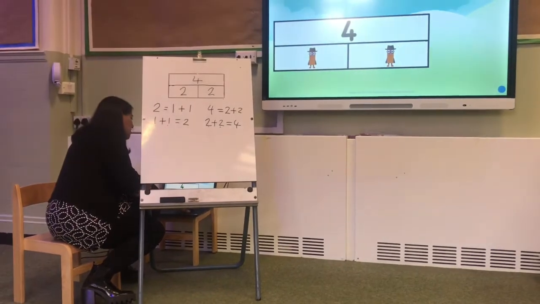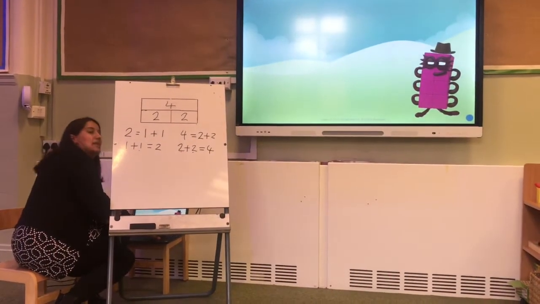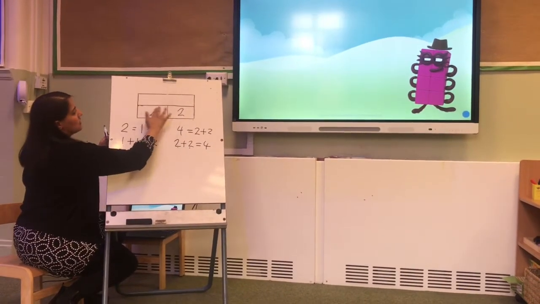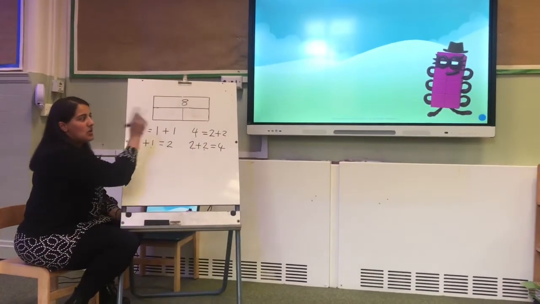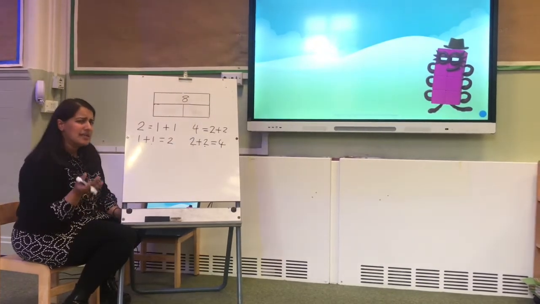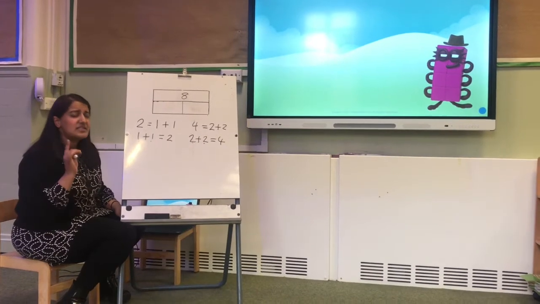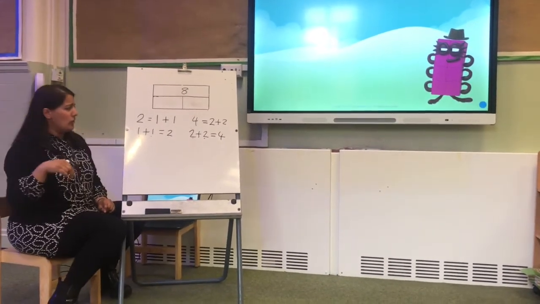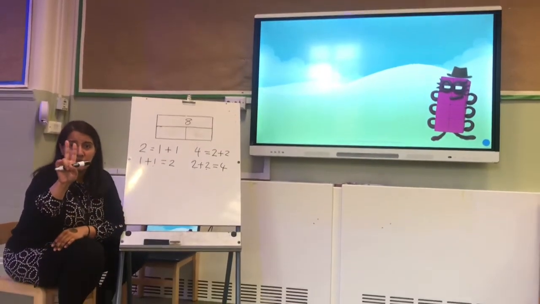Keep looking on the board. Let's have a look at this one. We start off, okay, looking at this number, 8. How do we get to 8? Which two numbers that are the same add up to make 8? We know 1 add 1 equals 2.